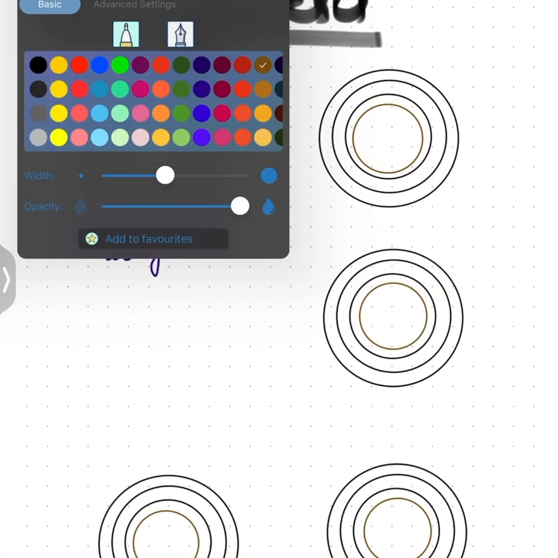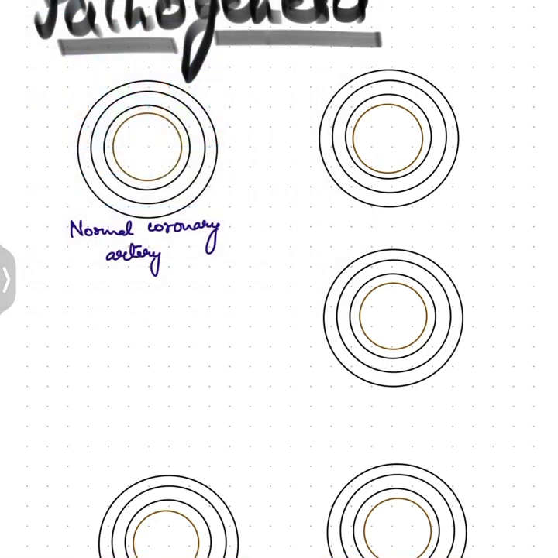MI. And the pathogenesis of MI, let me take another pen. Yeah. So this is your normal coronary artery, right? You know the layers? This one is your adventitia. This one is your tunica media. This one is your tunica intima. So what happens is that there's atherosclerosis.